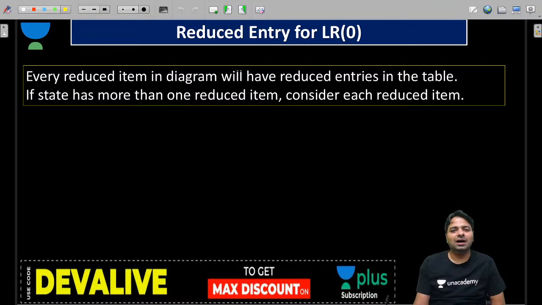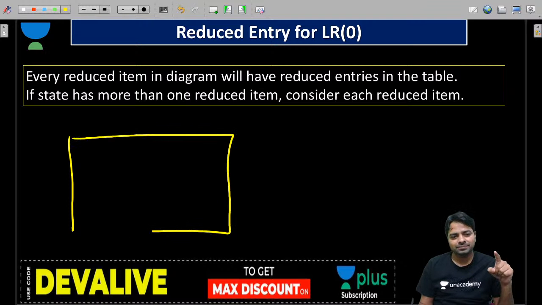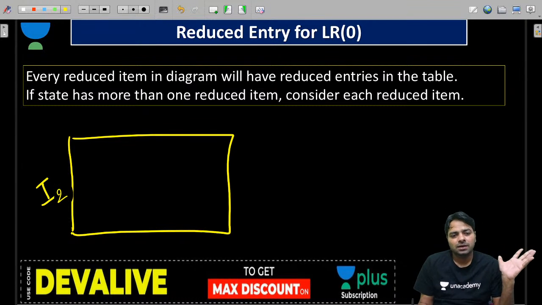Okay, now how to give reduced entries for LR(0). Suppose there is an item. I is a state, I2, I3, something like that. Let's say I2 as an example. I2 is my state, and here A→alpha dot is a reduced item.